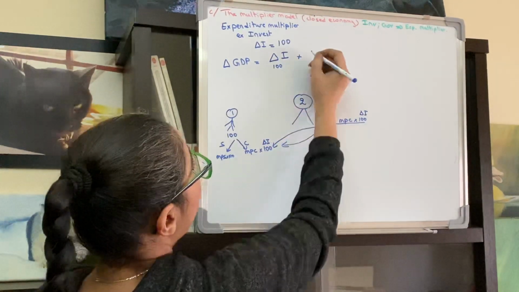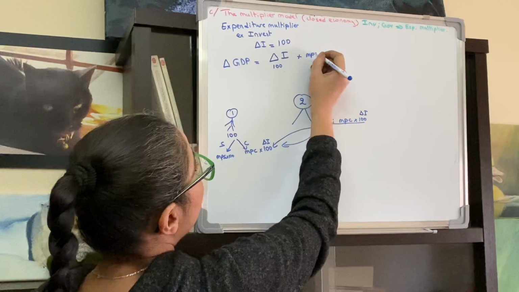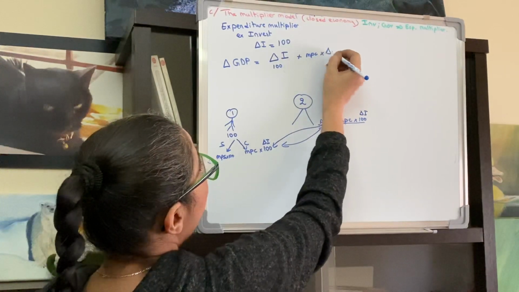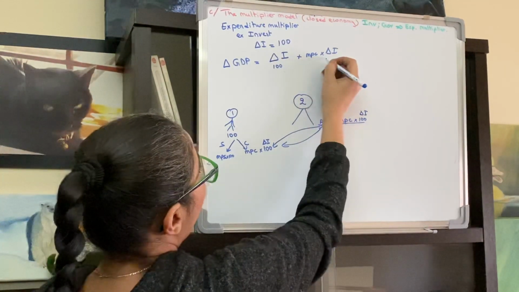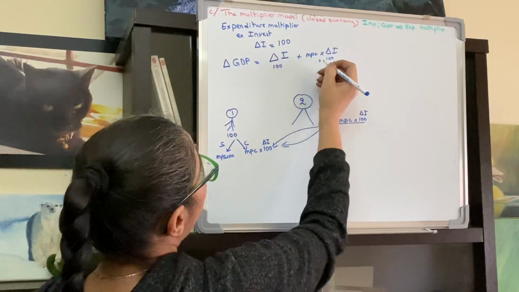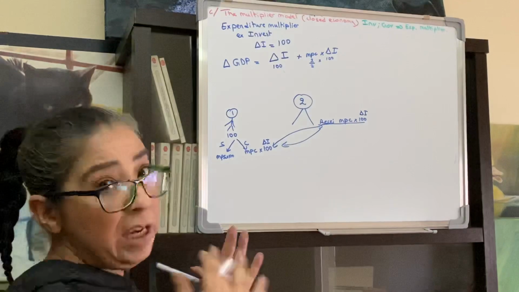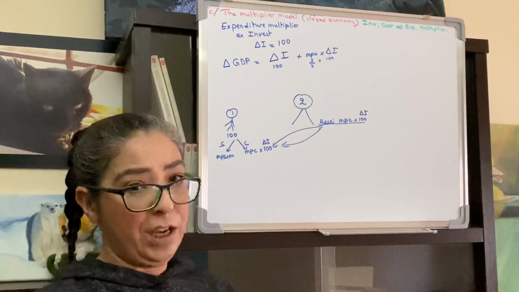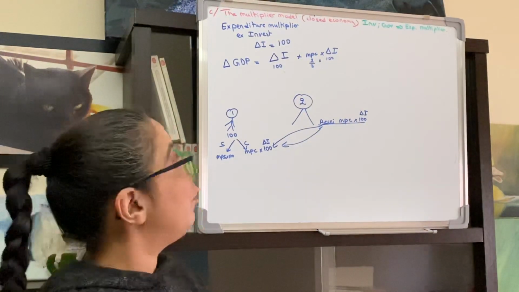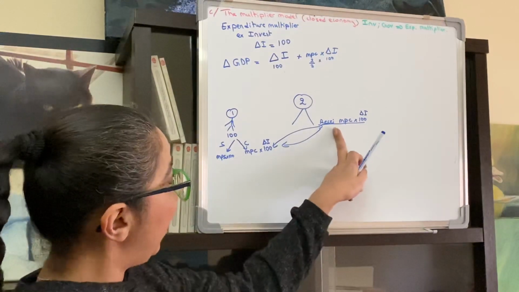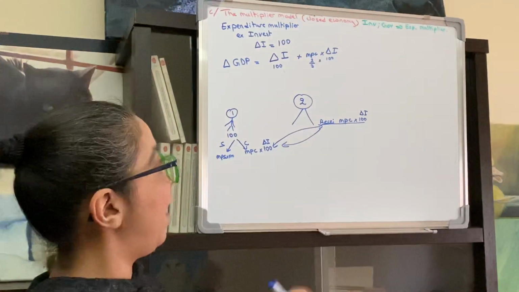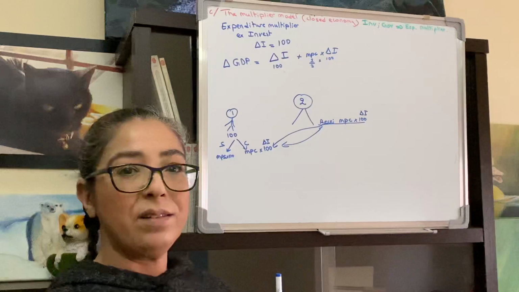So here it's MPC times delta I, which is here 100 times whatever MPC we had, 2 over 3 in MPC, in the example of the book, the one we're studying right now. Okay, so this guy received MPC times delta I. What is he going to do with it?